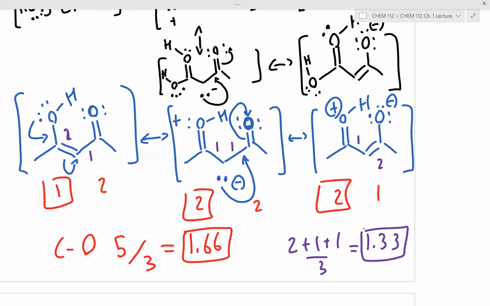In the third case, I have a double bond and a single bond, 2 and 1. So I average the bond order for a given carbon-oxygen bond, and I get 1.66. Yes? So I saw that you put a box only around a 1. It's just because they're identical. Okay. Yep. So for that structure, did you add those 3 together and then add those 2 together?